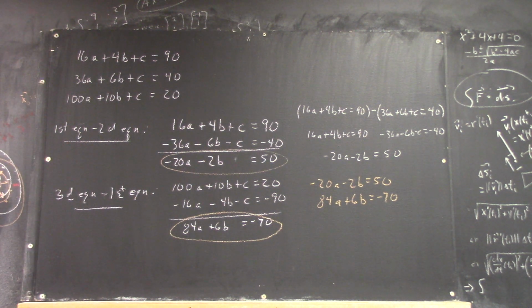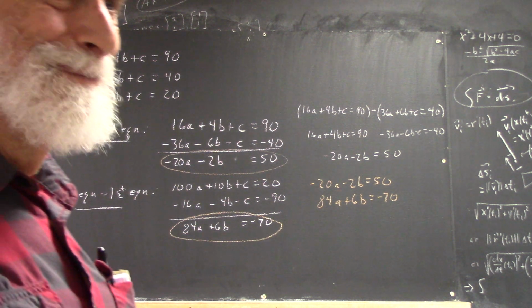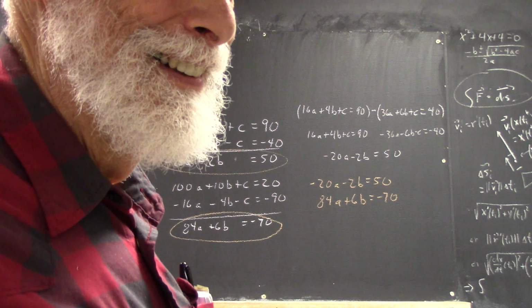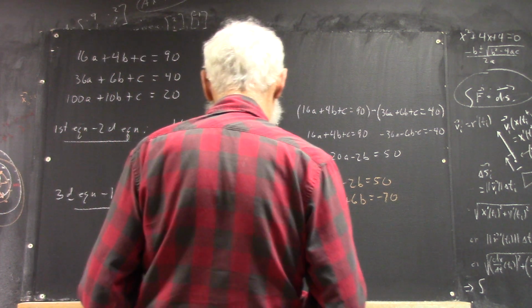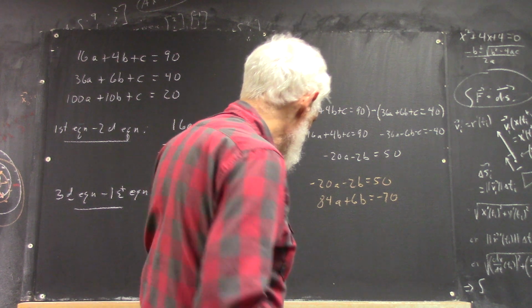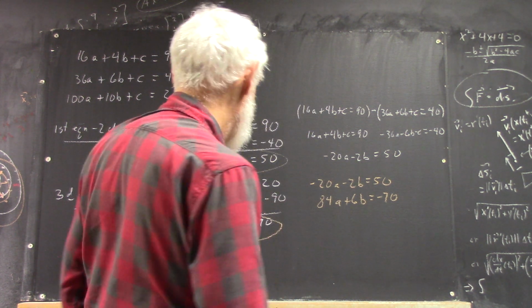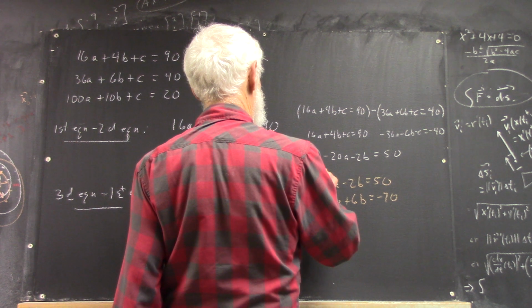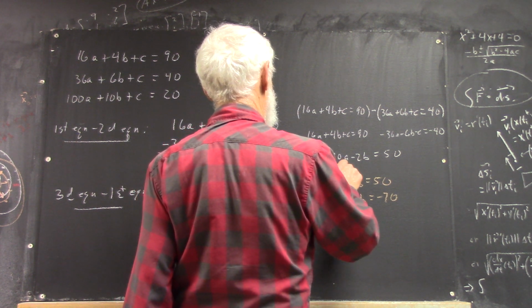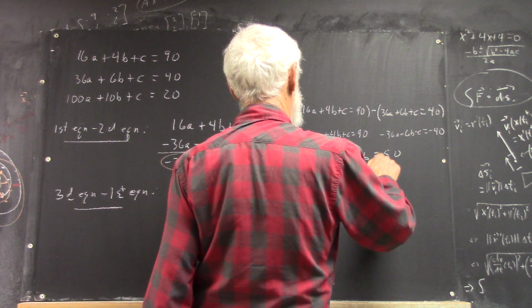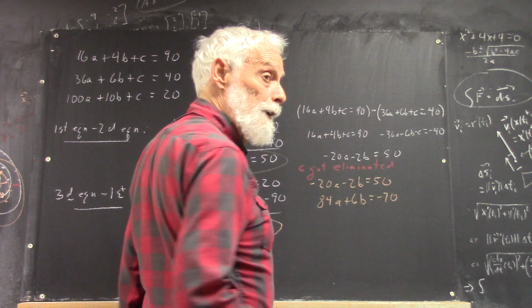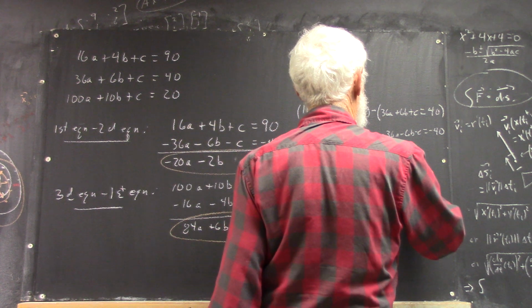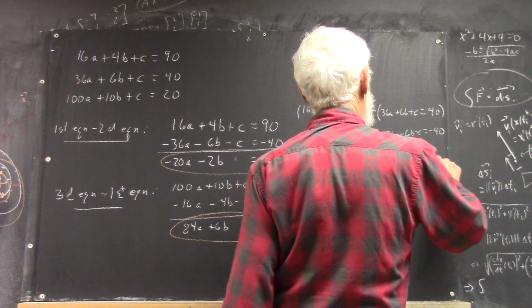What happened to c? What verb did you use? It got subtracted, and since you had two of them, it went away, right? So I can say, oh man, for emphasis, I've got to say this in red: c got eliminated mathematically.